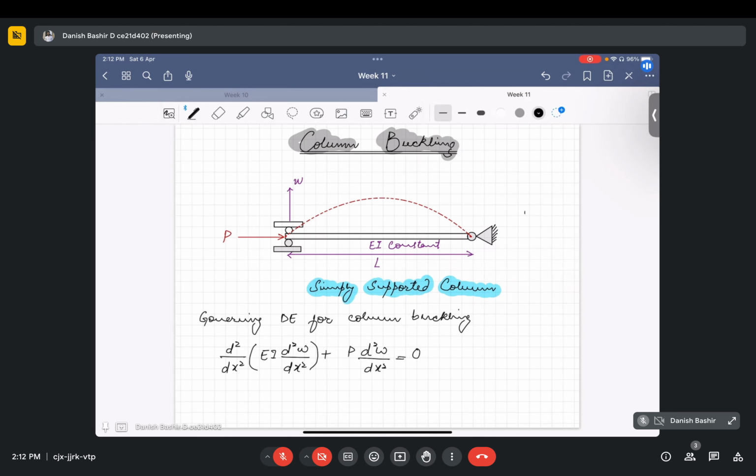Here E is the Young's modulus, I is the moment of inertia of the column cross section, and it's important to note here that W is a transverse displacement.